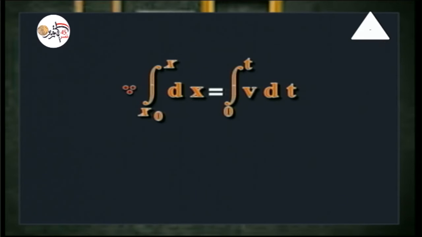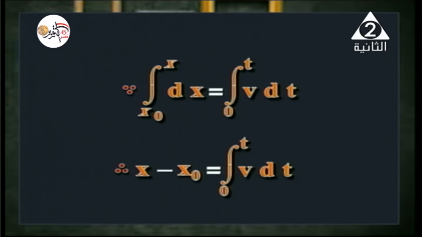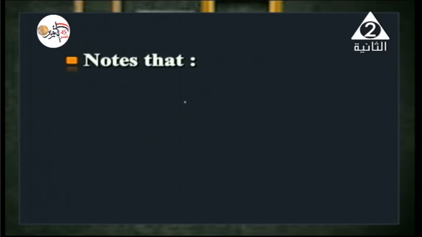My dear student, the integration from x naught to x of dx equals the integration from 0 to t of v dt. Therefore, we deduce that the integration of dx from x naught to x, which means x minus x naught, equals the integration from 0 to t of v dt. Note that x minus x naught is the displacement s vector.